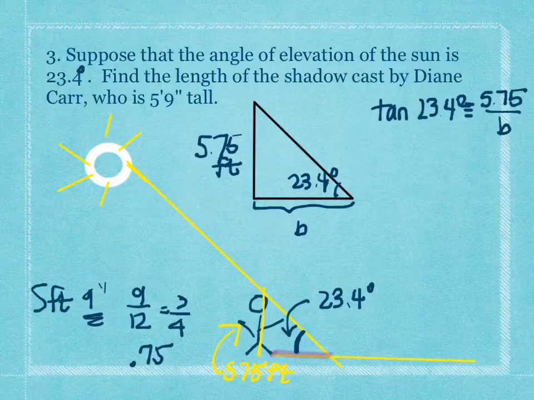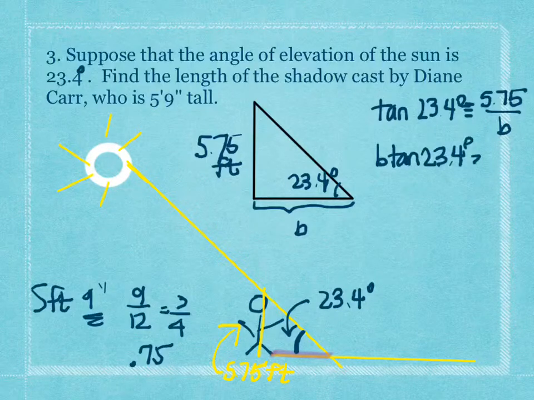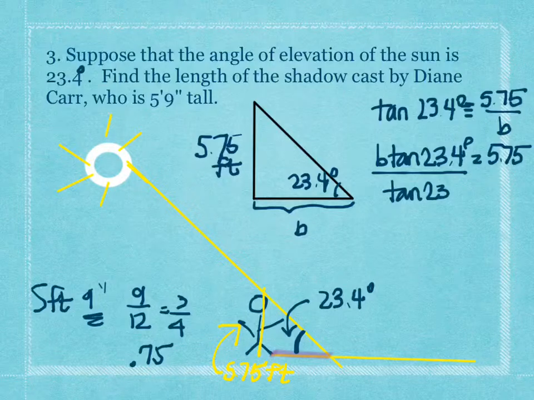All right then, so I need to multiply by B because it's got to be out of the denominator. All right, so then I've got B tangent 23.4 degrees equals 5.75. Then what? Divide by the tangent value. So I'm going to divide by tangent of 23.4 degrees.